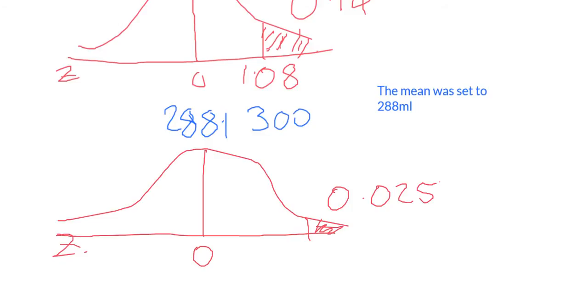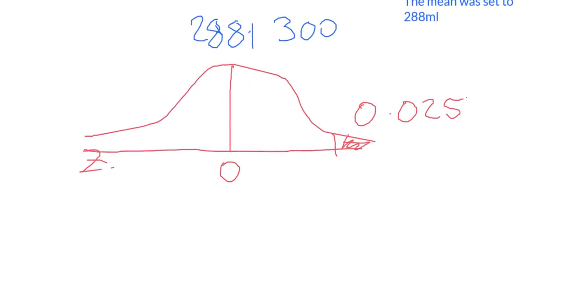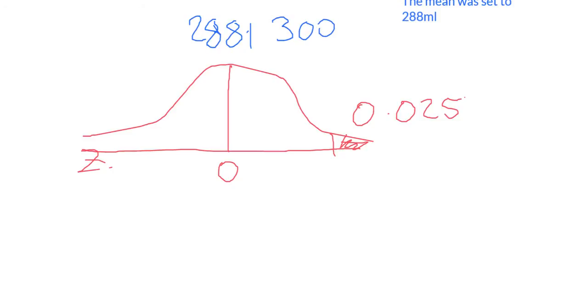And for the z-axis, again, we're going to put our standard deviation to 1, our mean to 0, and our area to 0.025. And so for this one here, our z is 1.96.